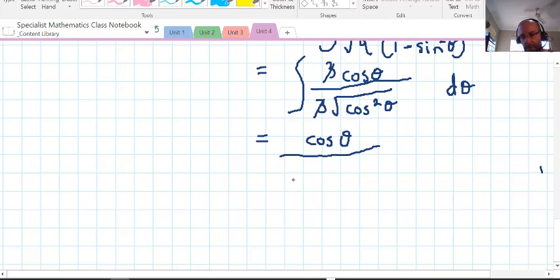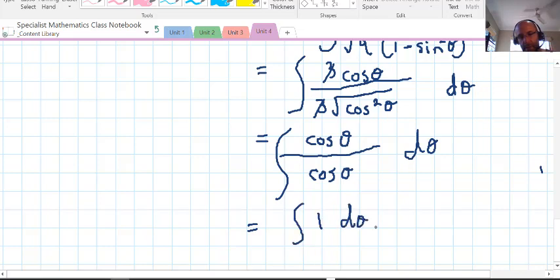Now, if we've got cos squared theta, then you take the square root. That's cos theta all squared, square root. So you've basically got cos theta over the square root of cos squared theta, which is 1. So really it's just the integral of 1 d theta, which is theta plus c.